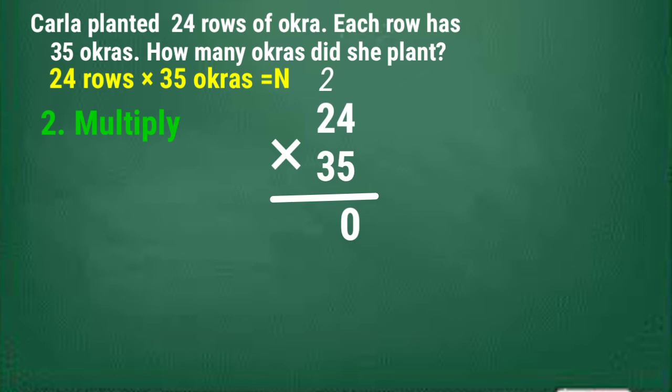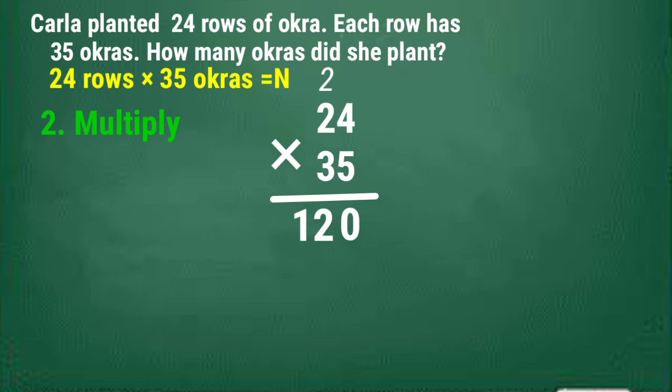So next, we are going to multiply 5 times 2. 5 times 2 is 10. And 10 plus 2 is 12. Do we still have another digit to be multiplied after 2?